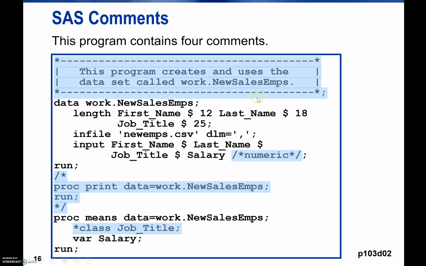Just fun to do if you like it. Okay, that you can use to create a block. Notice this is using just the star and semicolon, but we could also use that. I typically like to use this format for making a big block. I also like these for blocking out whole portions of code.